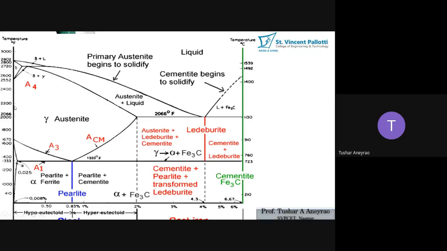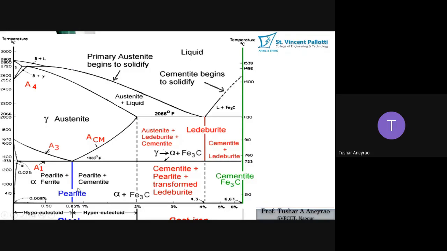So now you can see here the same type of diagram is there. A1, A2, A3, A4, ACM is given. You have to be aware of what A1, A2, A3 and ACM are, all these things. You can see here ledeburite is the mixture of eutectic, pearlite is the mixture of eutectoid, and other phases like cementite, austenite, alpha ferrite and delta ferrite are the phases or allotropes of the iron.